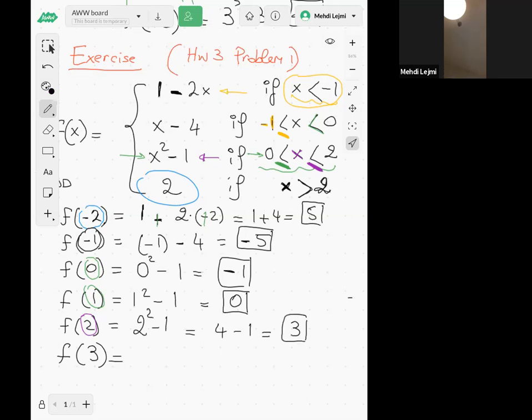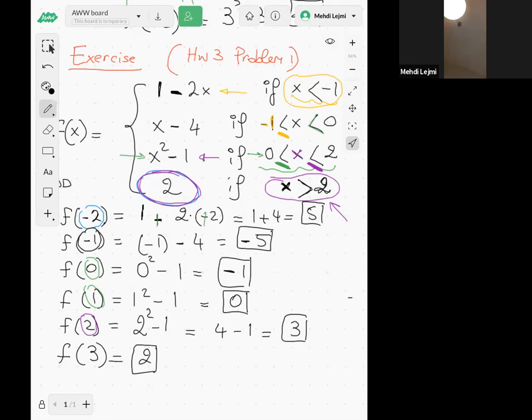And finally, for the last one, my x is 3, which is obviously larger than 2, so this condition is satisfied. The output is just the number 2, with no x there, which means that it doesn't matter what your x is, the answer is always 2.